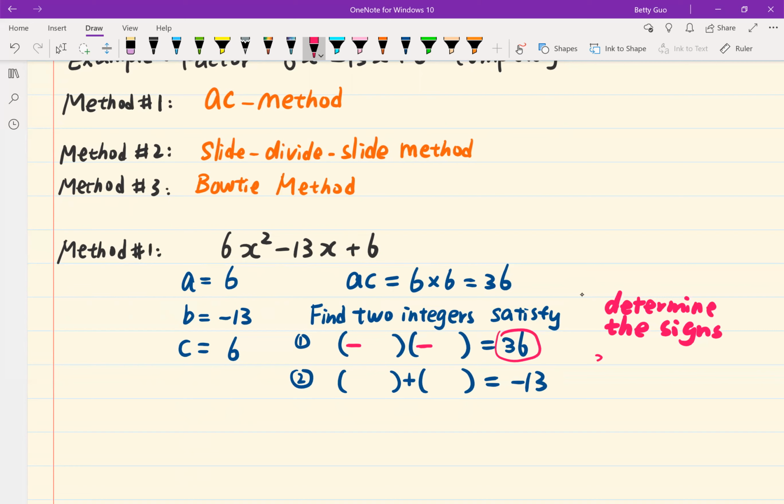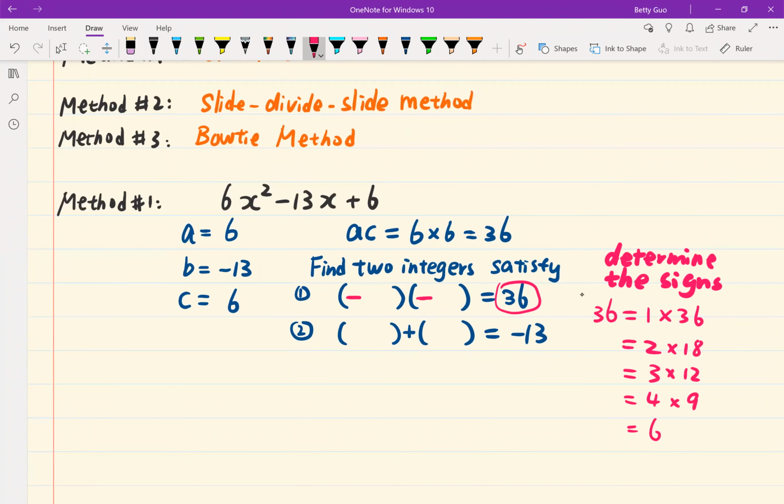And we look at the factors of 36. We have the following possibilities. We are writing 36 as multiplication of two factors. We have 1 times 36, 2 times 18, 3 times 12, 4 times 9, 6 times 6. You can see those are all the possibilities. 5 doesn't work, 7 doesn't work, and so on.